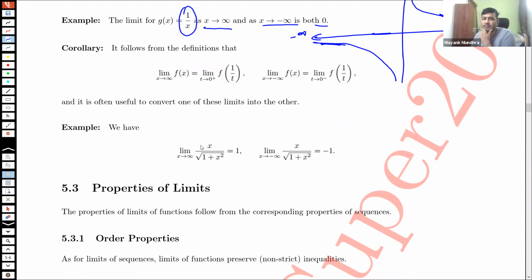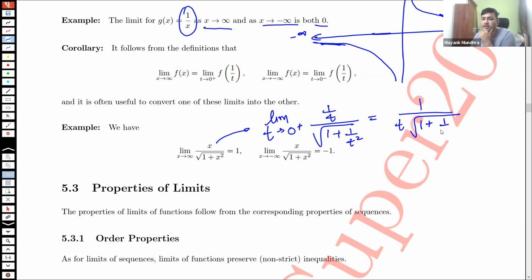Okay, so I am given a function for which I have to derive the limit as x tending to positive infinity. So what I can do is write this as limit t tending to 0 plus, where x becomes 1 by t upon under root 1 plus 1 by t square. Okay, so this becomes 1 by t times under root 1 plus 1 by t square.